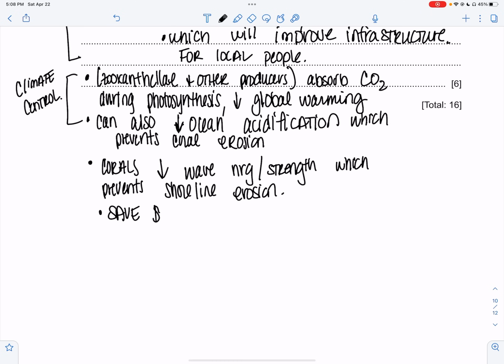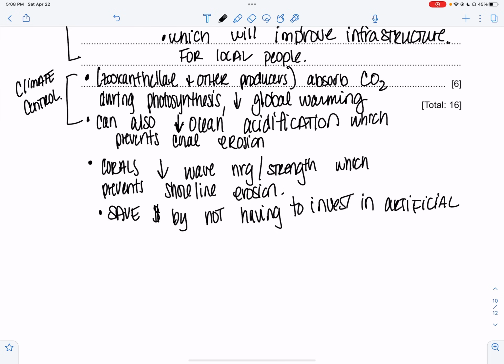And this will save money by not having to invest in artificial reefs and or seawalls. Seawalls are structures that are put up to try and minimize erosion.